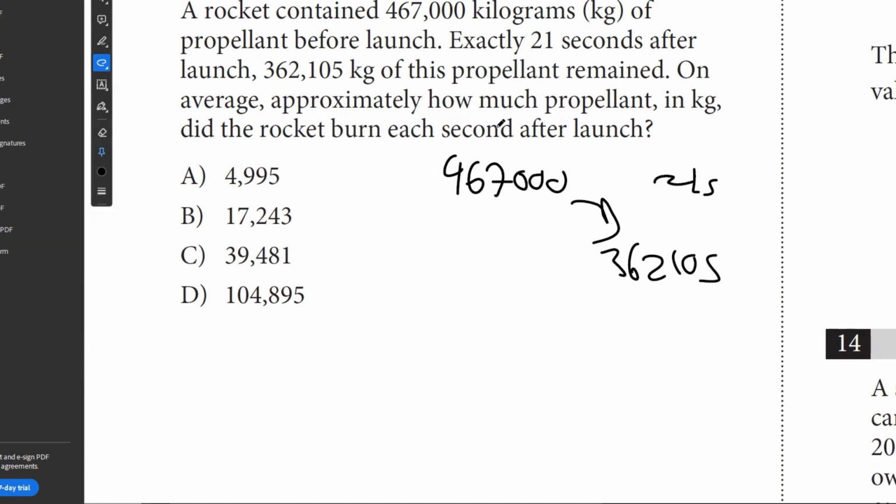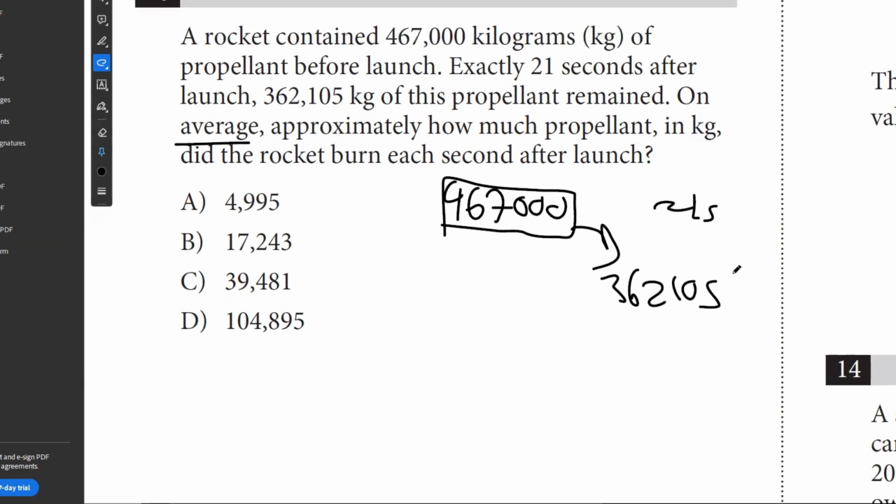First of all, because it's saying an average, what we're going to do is subtract the initial kilograms and find our delta kilograms. Actually, delta kilograms is the change in kilograms. Let's just subtract these numbers.